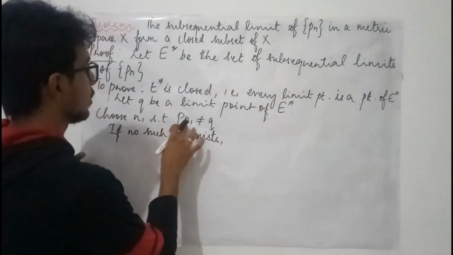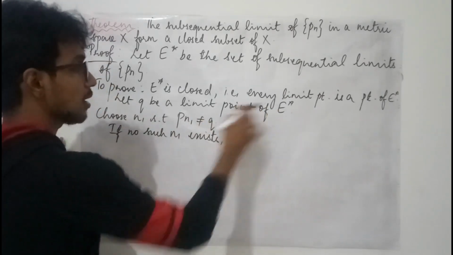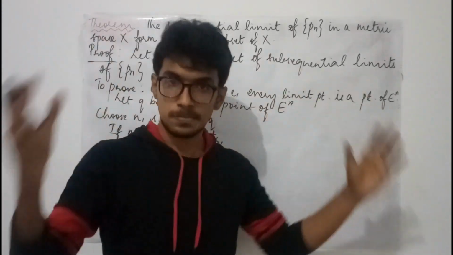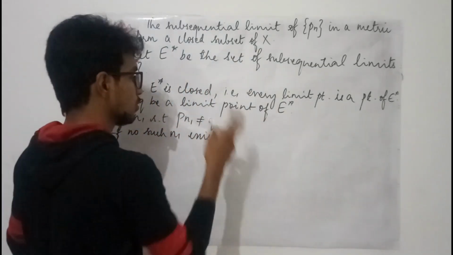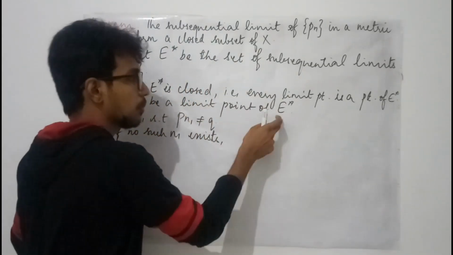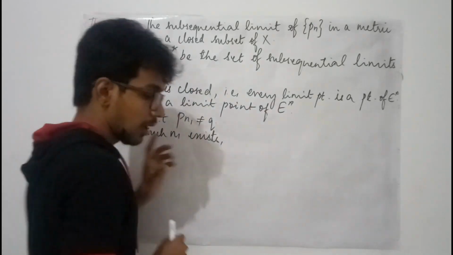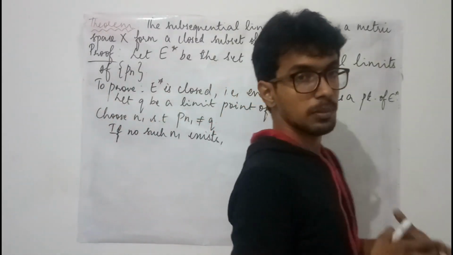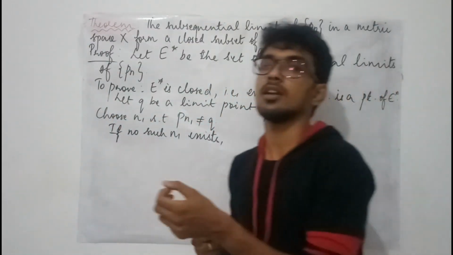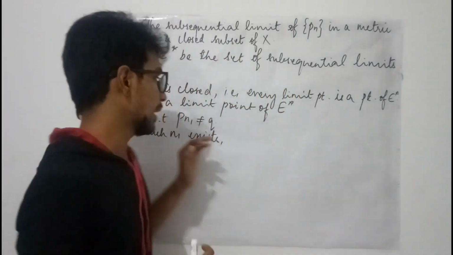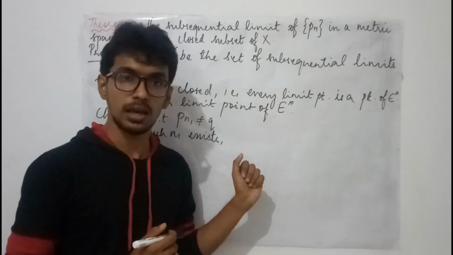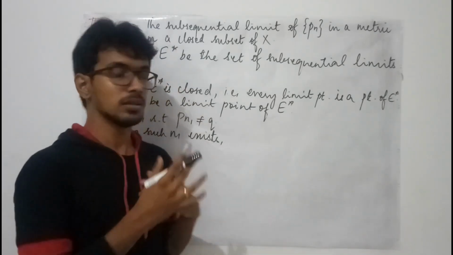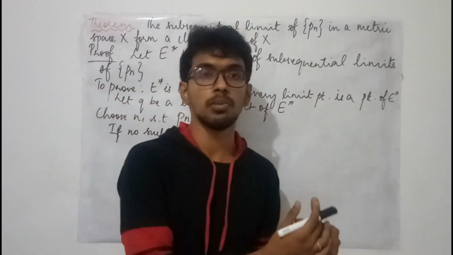Here we have taken E star to be the collection of subsequential limits, and we are choosing a point which is a limit point of this set. After choosing that limit point, we are trying to identify some n1 such that this element is not the same as Q. If it has to be there, the set E star must have more than one point.